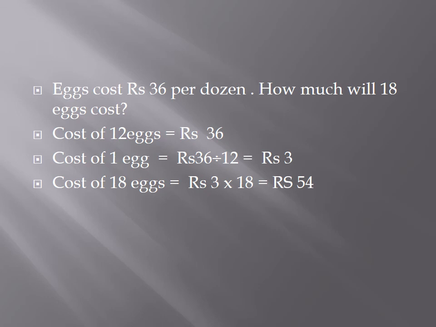So, the cost of 1 egg is equal to rupees 36 divided by 12 is equal to rupees 3. Now, find out the cost of 18 eggs. The cost of 18 eggs is equal to 18 multiplied by 3 is equal to rupees 54.